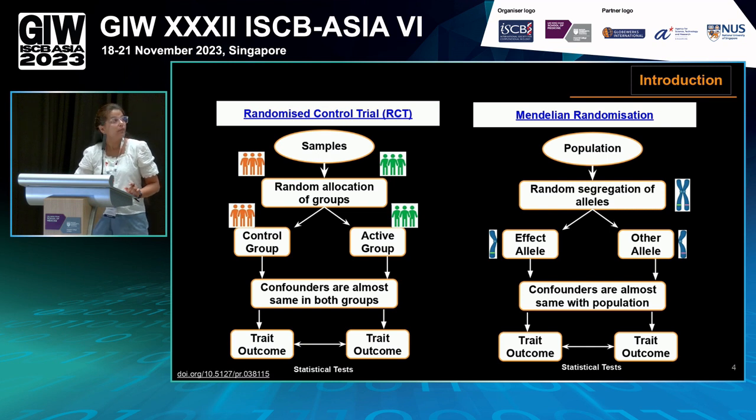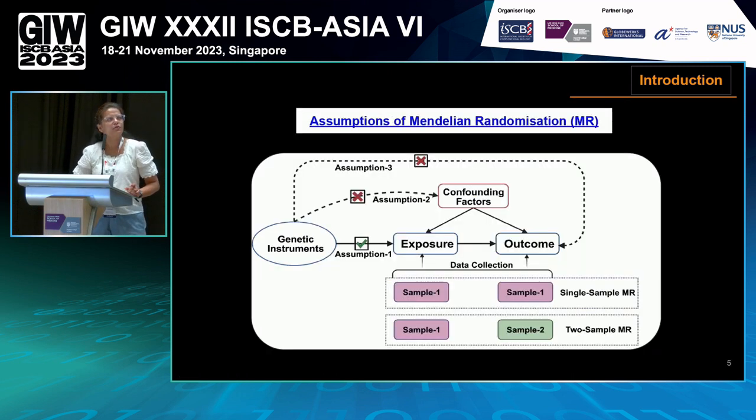The main thing with MR is that we have to consider a few assumptions during the study. First, the SNP, which we introduce here with the name genetic instrument, should be related with the outcome, which we can find through GWAS via the exposure only.